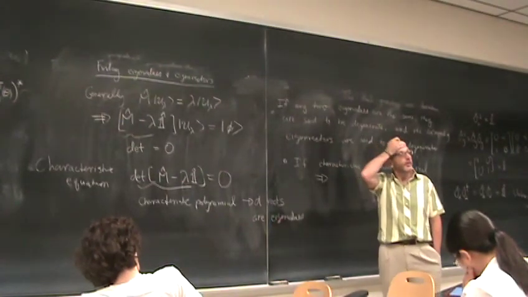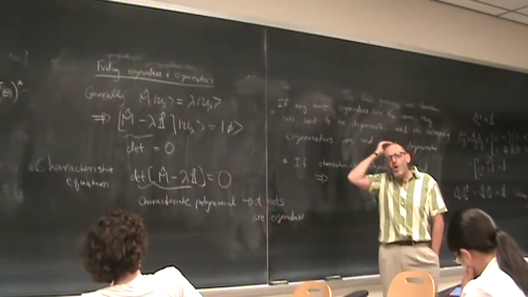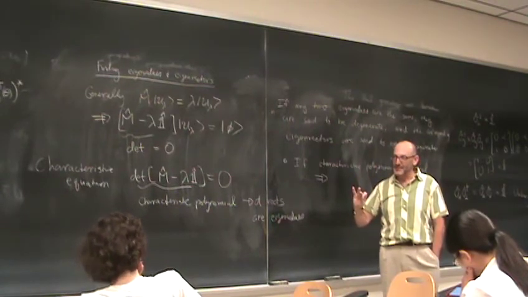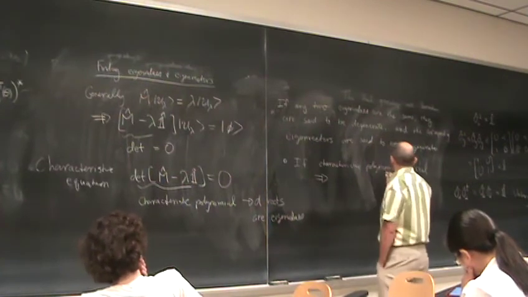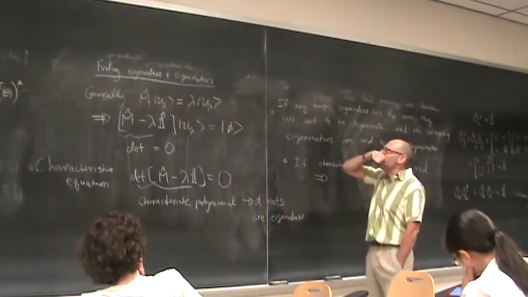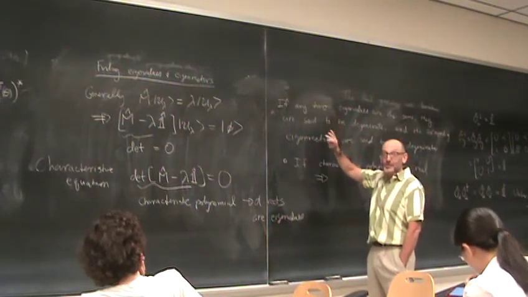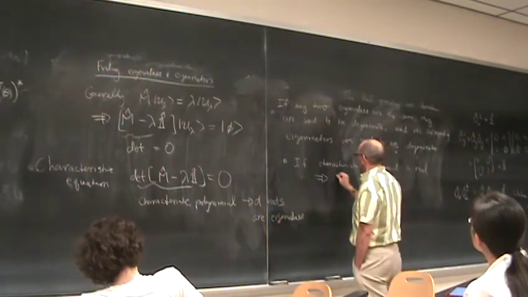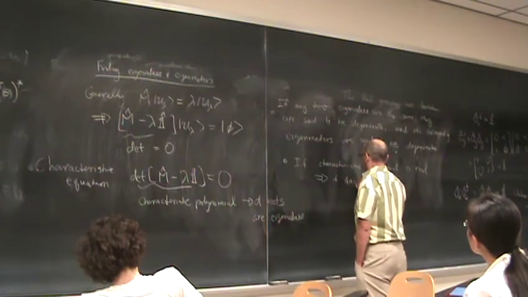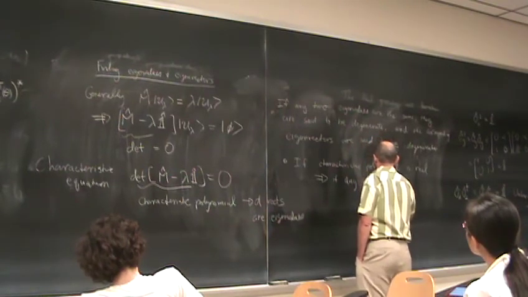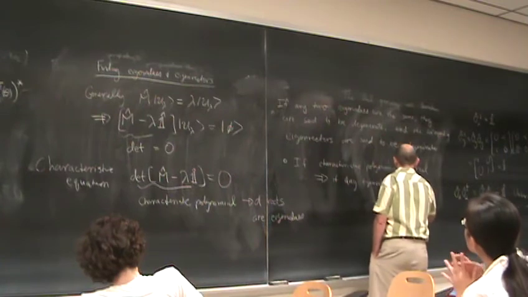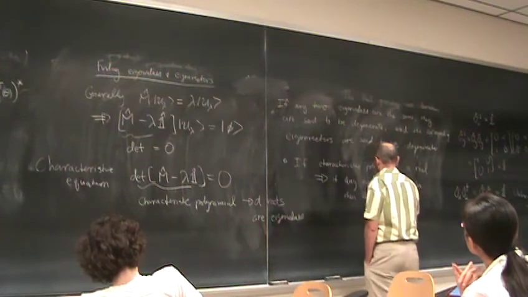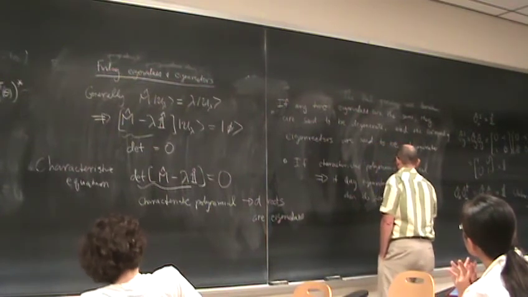The roots of a real polynomial, if they're complex, come in complex pairs. If you have x squared plus 1 is 0, then the roots are plus or minus i. So if the polynomial is real, that means that if any eigenvalue is complex, then the conjugate is also an eigenvalue.